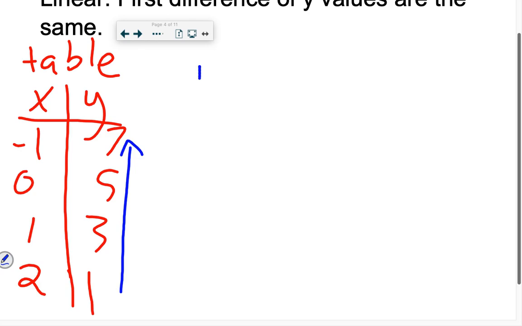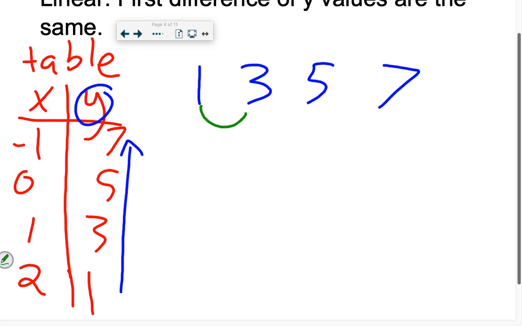So I'm going to write down my last y value, which is 1, and then the next one is 3, then 5, and then 7. In order for it to be linear, the difference between these has to be the same. The difference between 1 and 3 has to be the same as the difference from 3 to 5, and from 5 to 7.